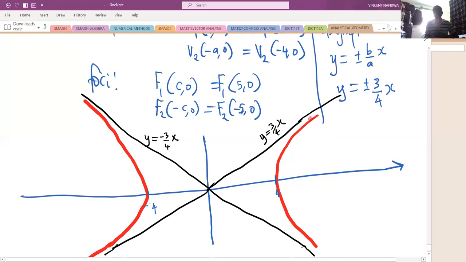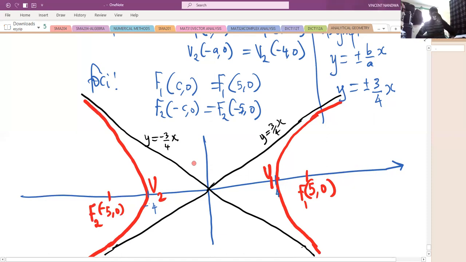So this is the sketch, to say that we have 5 here, we have F1, and then we'll have (-5, 0) here, the point where we have F2. So this is our V2, this is our V1. So this is the graph of the equation given.